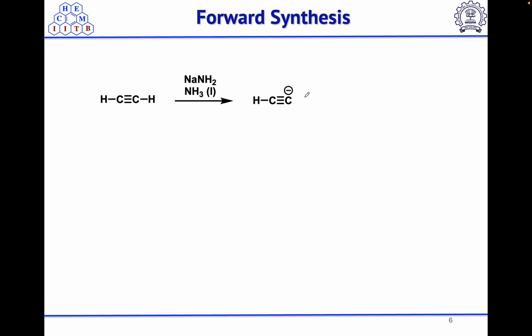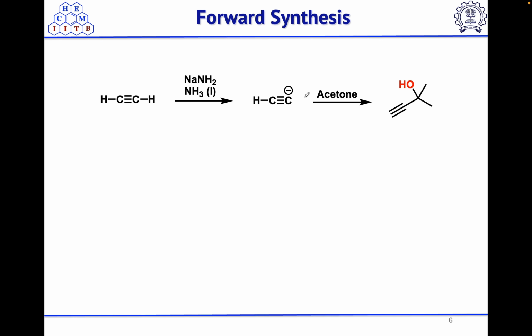Okay, so we got this acetylide anion. This is the donor synthon from retrosynthesis, but now it is the nucleophile. So now for this nucleophile, of course you need some electrophile to get your product. According to your retrosynthetic analysis, the corresponding electrophile is acetone.